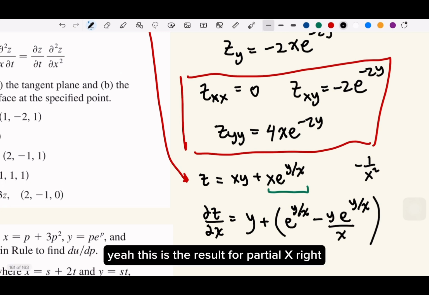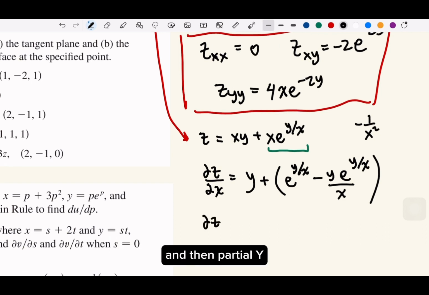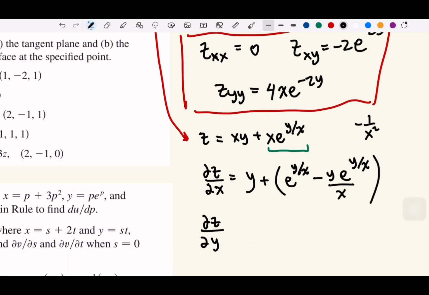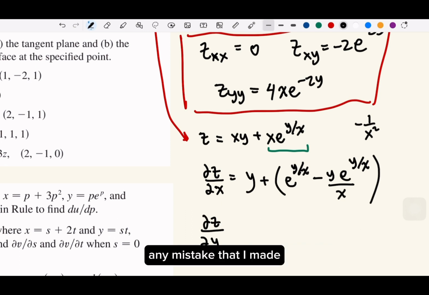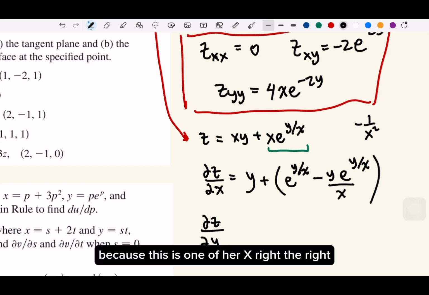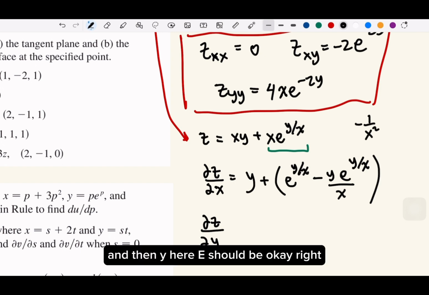Yeah, this is the result for partial x, right? And then partial y. You can also try and check whether I make any mistake, because this is 1 over x, right? We derive this bit, and then with x, so negative 1 over x, and then y is a constant here. That should be okay, right?